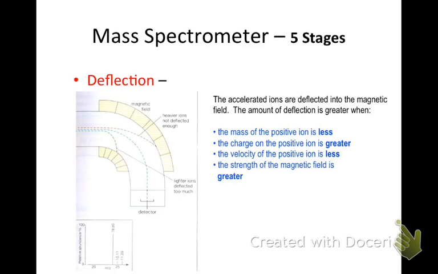That narrow beam of ions is then deflected by the magnetic field, and the amount of deflection is greater when the mass of the positive ion is less, when the charge on the positive ion is greater, when the velocity of the positive ion is less, and when the strength of the magnetic field is greater. So they adjust these things to get a good reading at that detector.